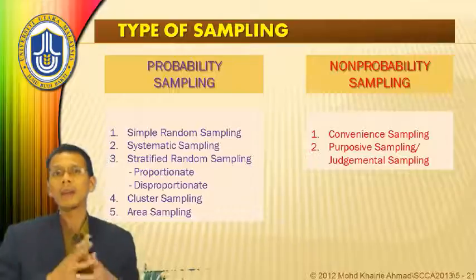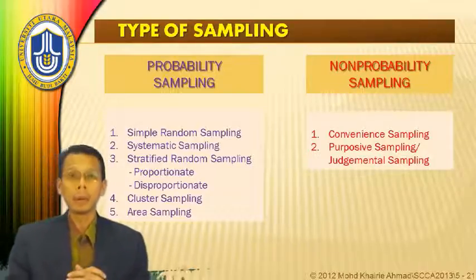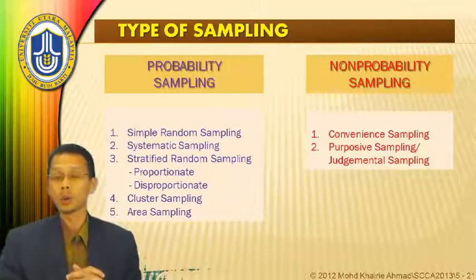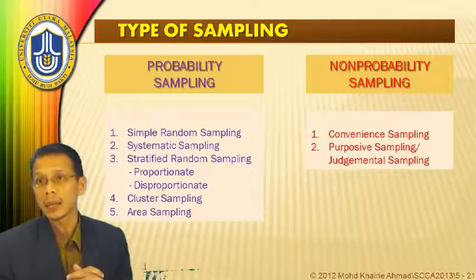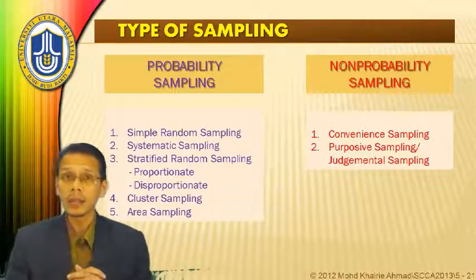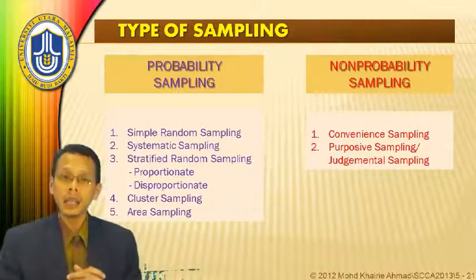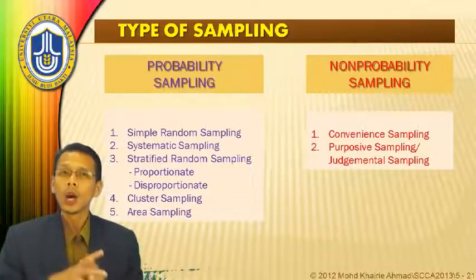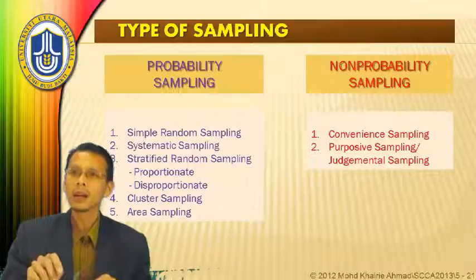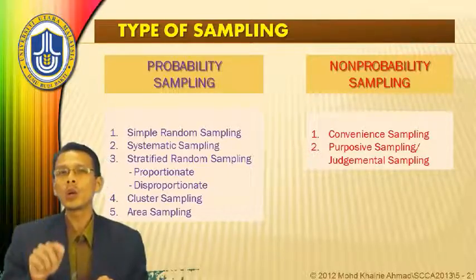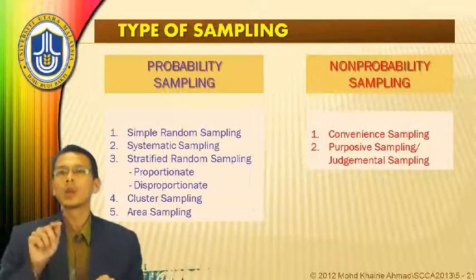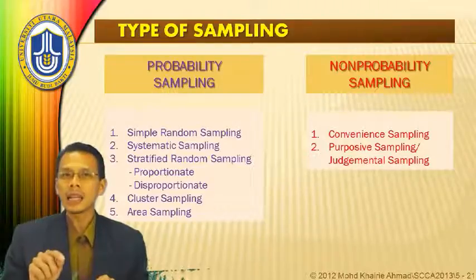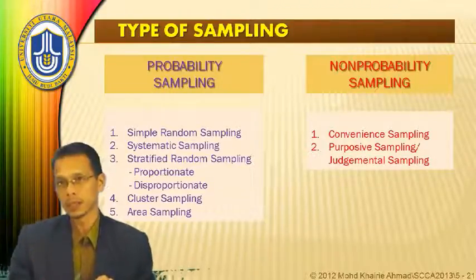The second type of non-probability sampling is purposive sampling, also known as judgmental sampling. This kind of sampling refers to a process where we choose a sample because we want them to represent a certain purpose.